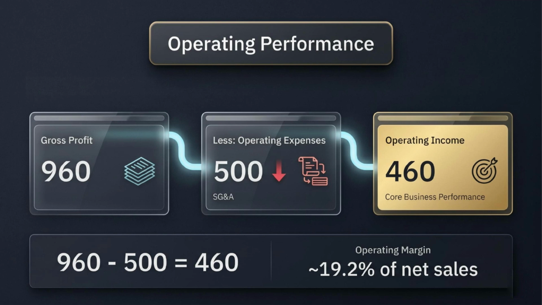Gross profit of 960 minus operating expenses of 500 gives operating income of 460. This is the core business performance number before financing costs and special items. Operating income may not sound glamorous, but in analysis, it is like the engine room of the business. If the engine room is weak, the rest of the story needs careful attention.